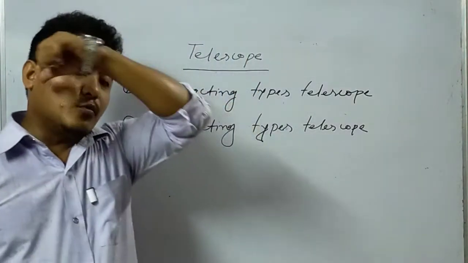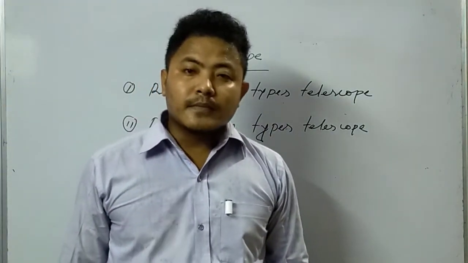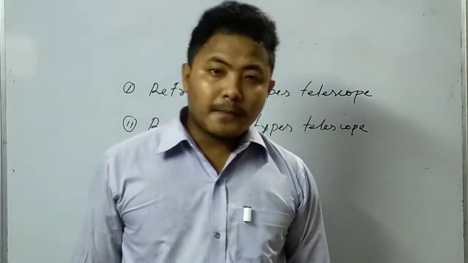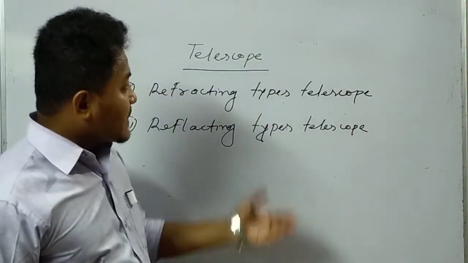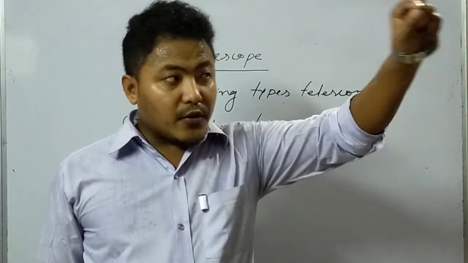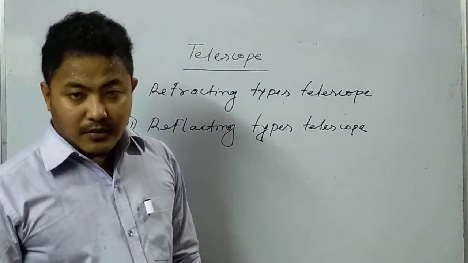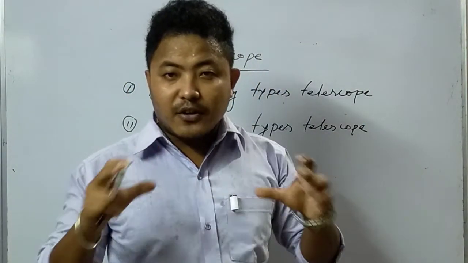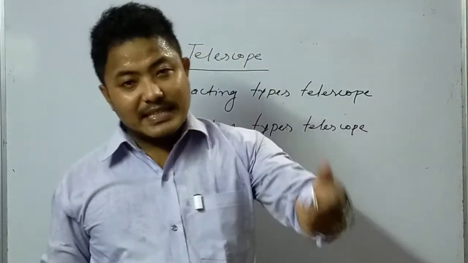So what is a microscope? A microscope is an optical instrument that is used to see a small object largely. And what will the telescope be used for? A telescope is also an optical instrument that is used to see a far object near to you distinctly.